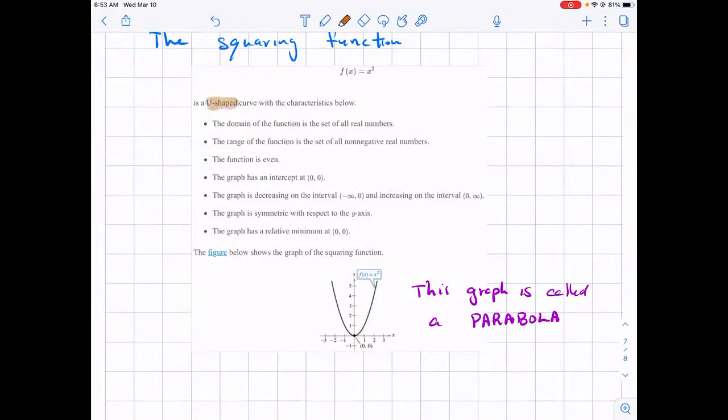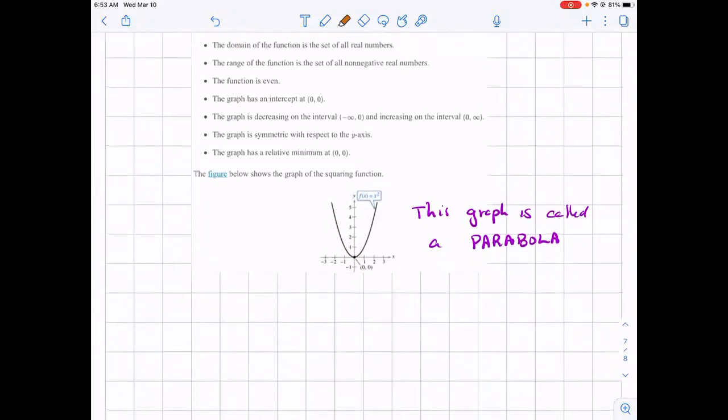And the characteristics, if we write out some of them: the domain is minus infinity to infinity, and the range is 0 to infinity.